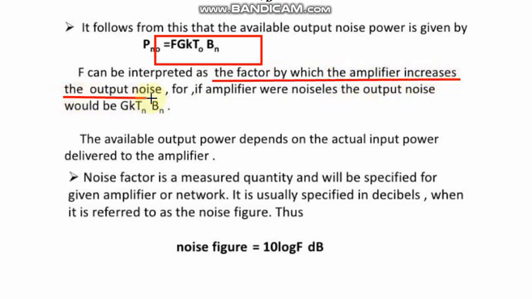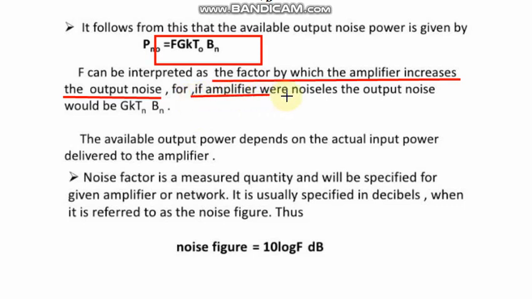Since in the receiver there are many amplifiers connected in the circuitry, each amplifier not only increases the signal power but also increases the noise power. That's why the noise power has to be considered very much.